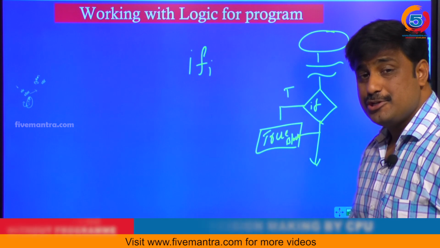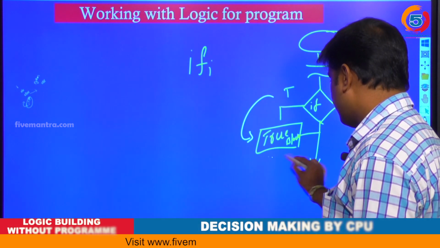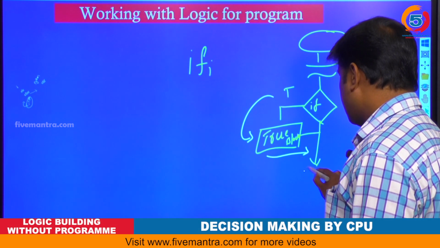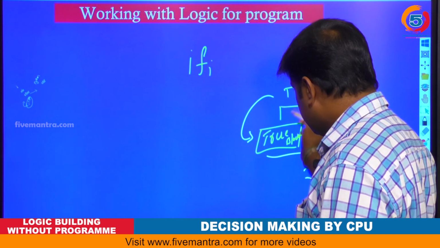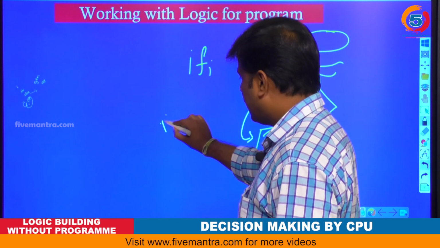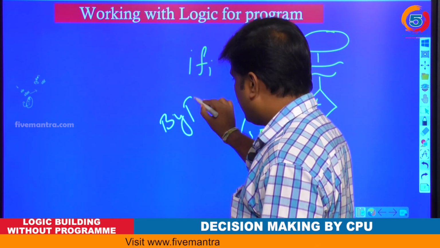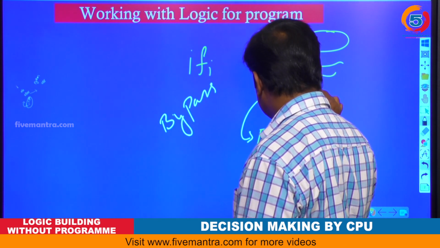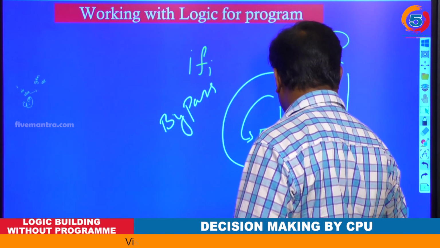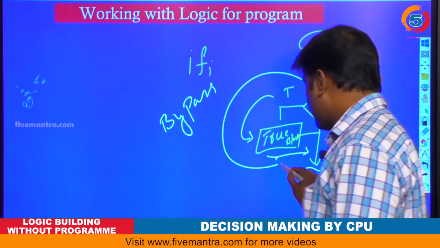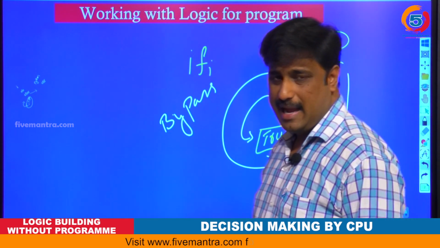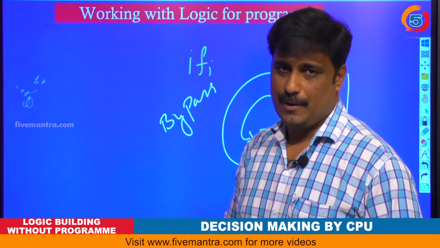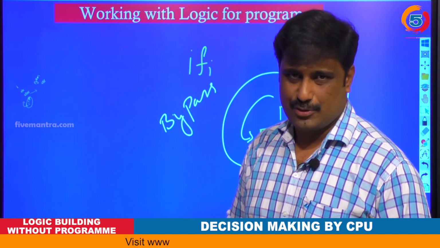This we call a true block. Once it is entered, it will go to this one, and after that it will do the other task. This we call a bypass. It will bypass the control from the normal flow, do some activities, and complete the task. This we call an if block, or decisional control statement.